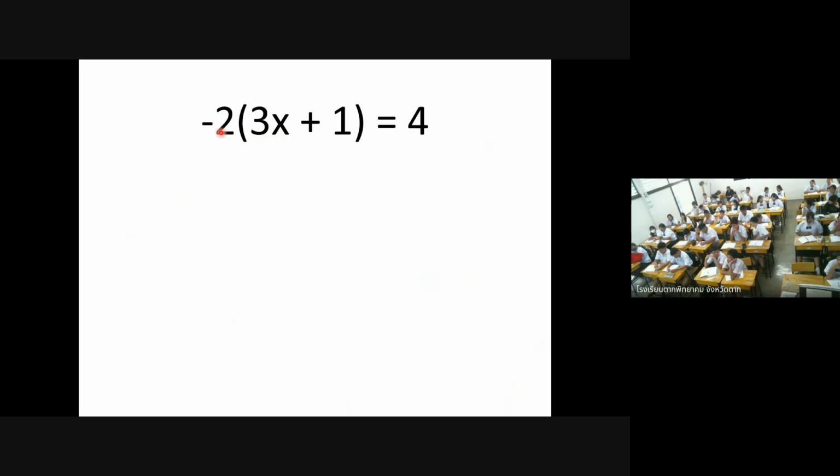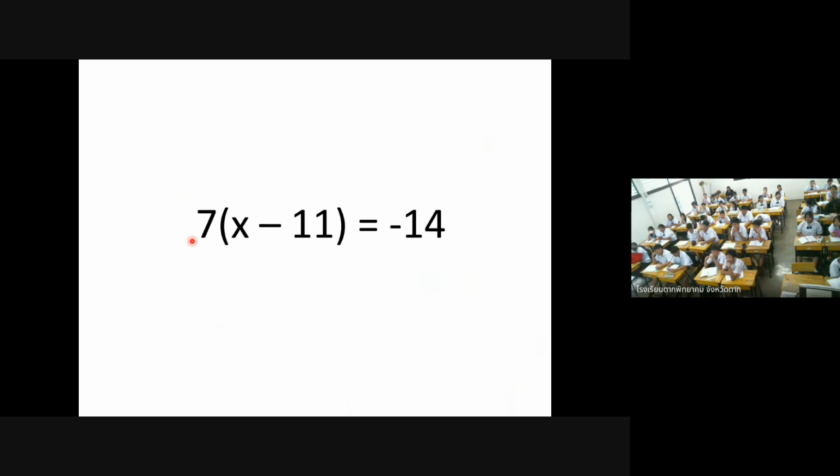So again, we have negative 2 times the quantity 3x plus 1 is equal to 4. One more. Okay, that is 7 times the quantity x minus 11 is equal to negative 14.